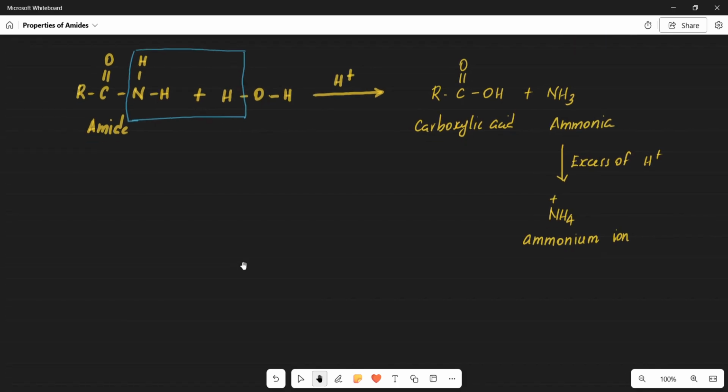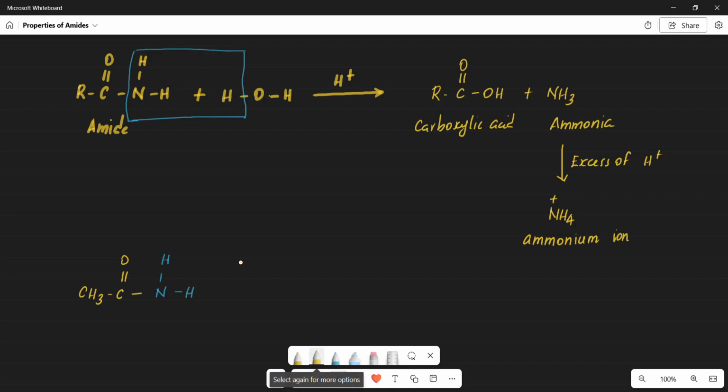I am just going to take a simple example. I take ethanamide, CH3 C double bond O NH2. This is ethanamide. I'm going to add water.